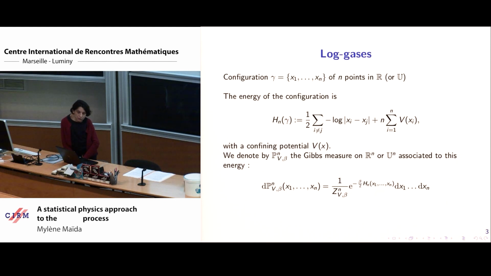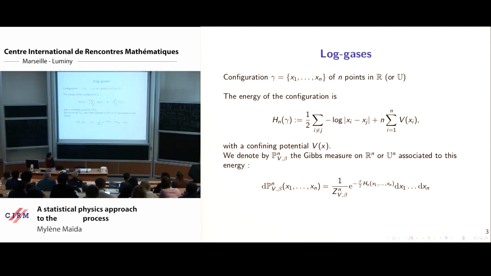Okay, and so the log gas, what we call the log gas, is the corresponding Gibbs measure. The weight here is exponential of minus beta over 2 times the energy of the configuration, and the logarithmic terms give you |xi minus xj| to the power beta. These are, let's say, usual models, for example related to unitarily invariant models in the framework of random matrices.